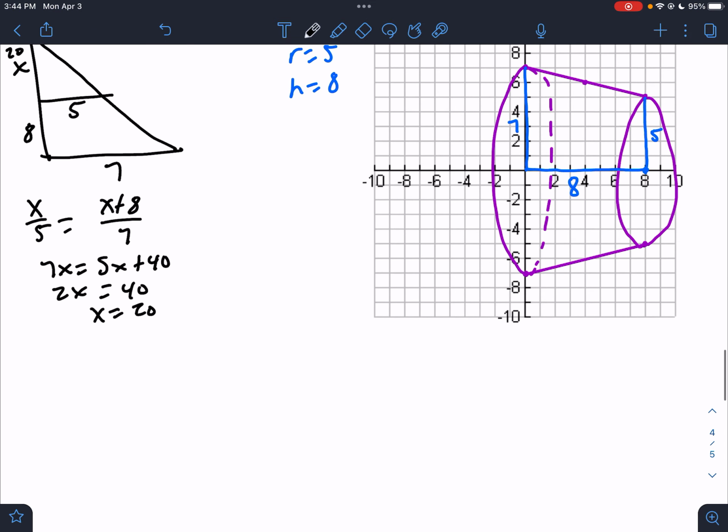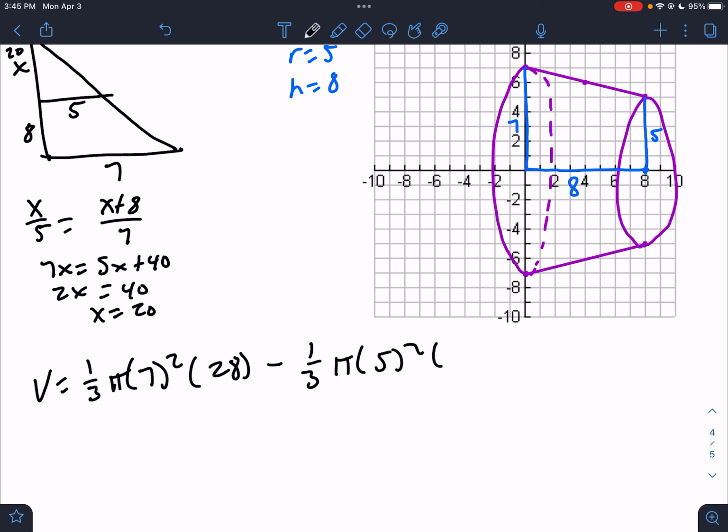So we're going to do the volume now. The volume would be 1/3 pi, big radius squared, times the big height, which is 28, minus 1/3 pi times the little radius squared, times the little height there.